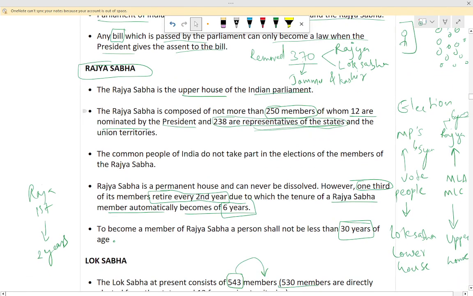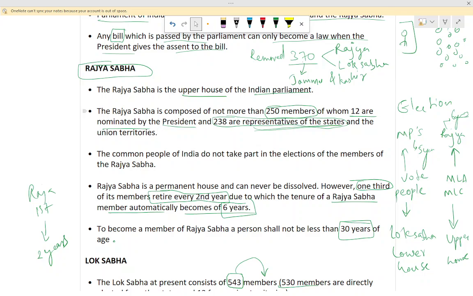Nominated by the president means in all the different fields, like the science field, the movie field, the industry field. Different industry representatives will be selected for them to speak in the Rajya Sabha.